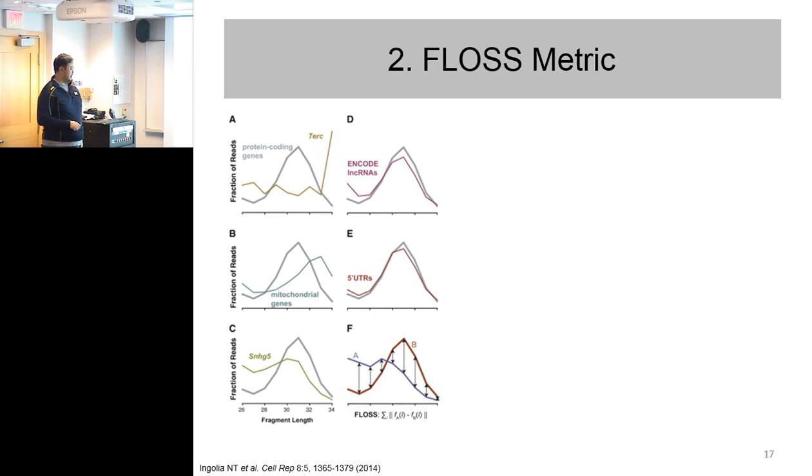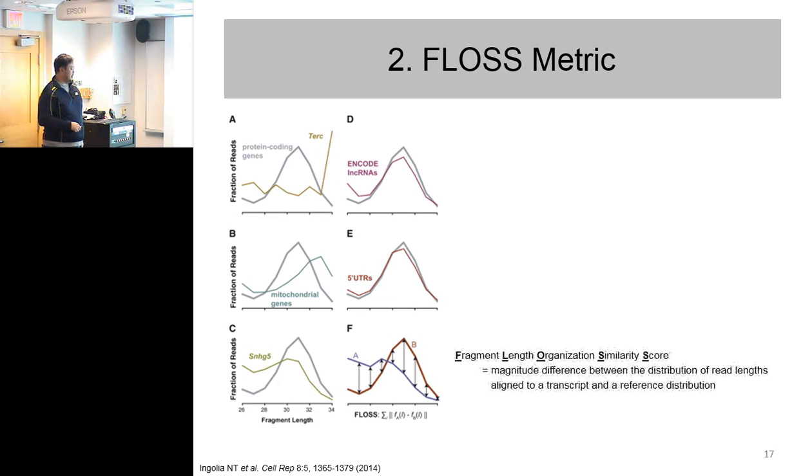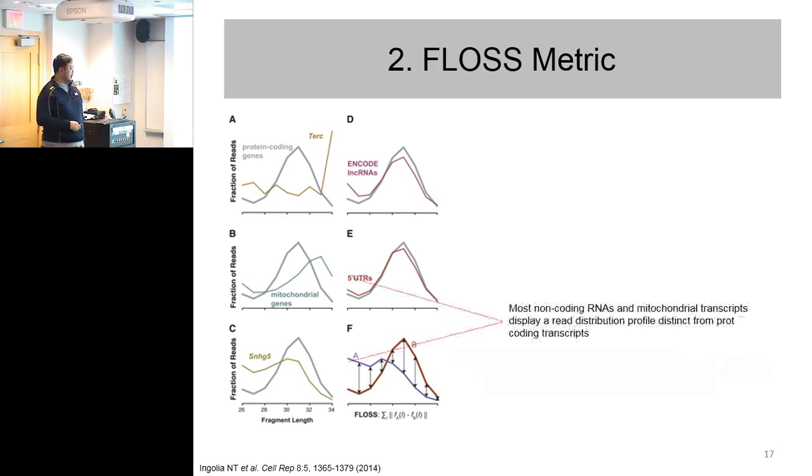Basically it looks at the magnitude difference between the distribution of read lengths in protein coding transcripts as a reference signal, here in red, versus your transcript of interest, and based on that magnitude difference, it will either qualify or not as a protein coding transcript. Most non-coding RNAs and mitochondrial transcripts have a distribution profile that's distinct from protein coding transcripts, here in the darker blue.